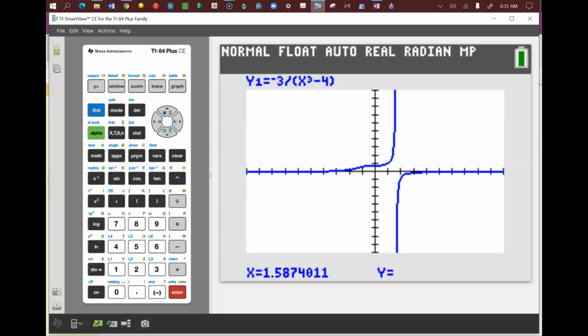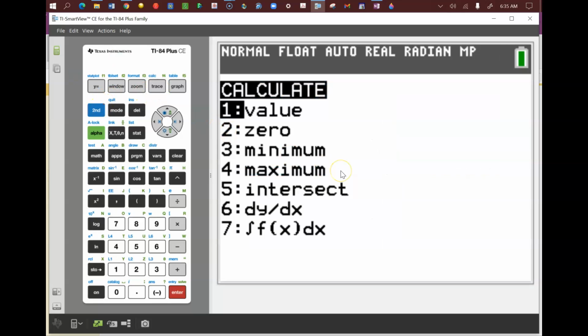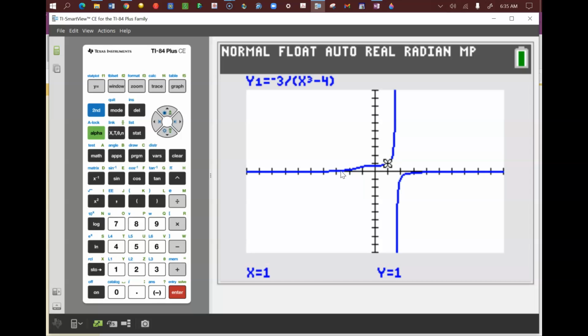Now remember, our initial condition was we needed x to be 1 when y is equal to 1. So we have to decide which part of this curve we need to use, and obviously we are going to use the left-hand side of the curve when x is equal to 1, y is equal to 1.